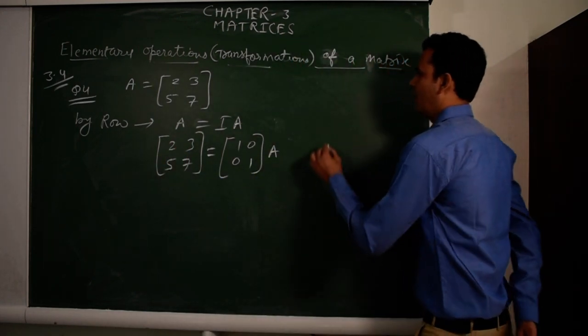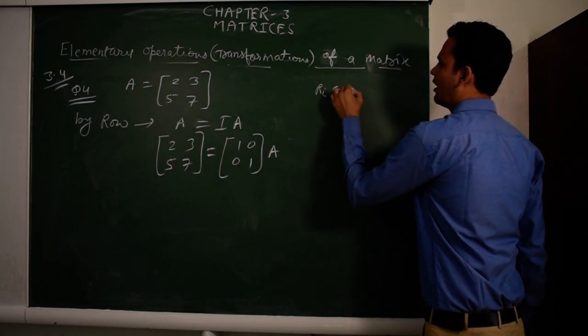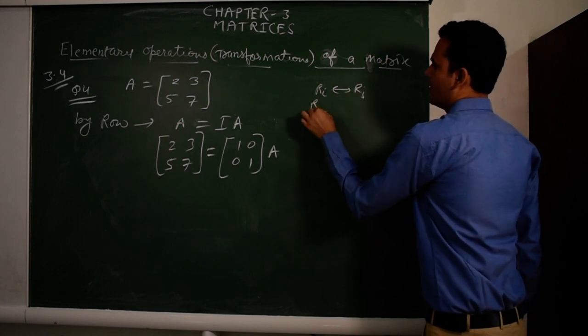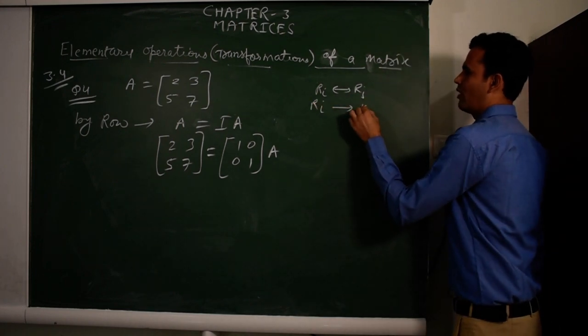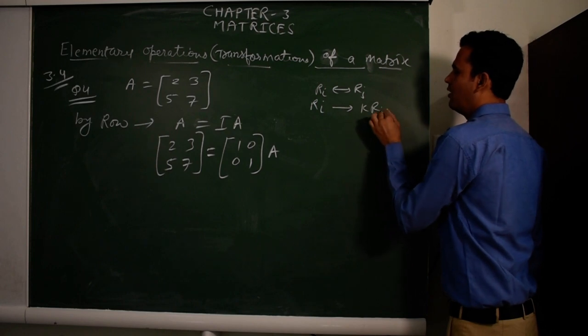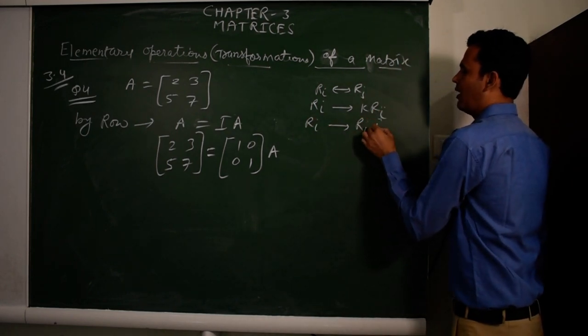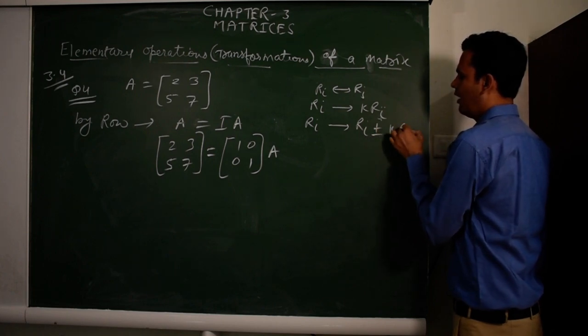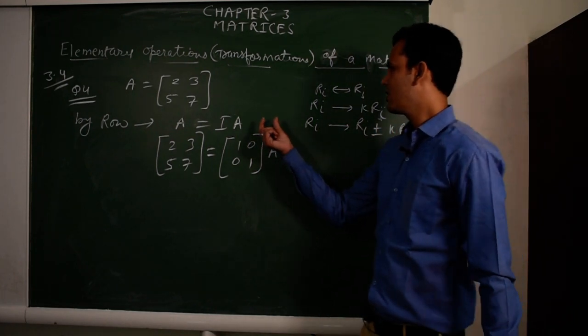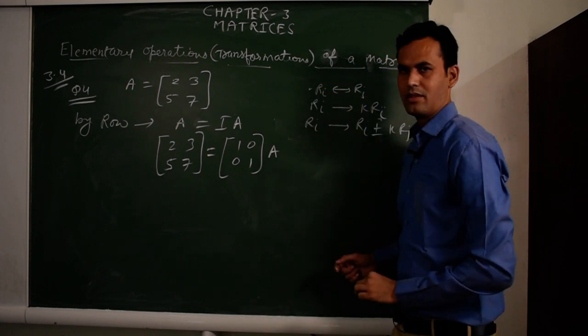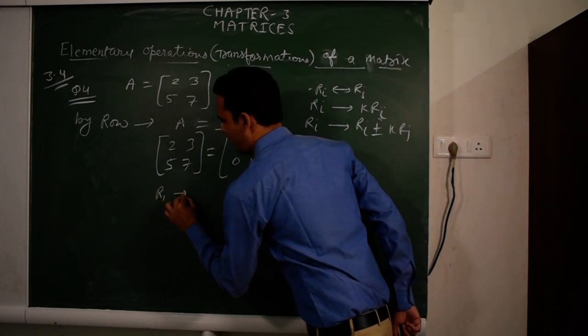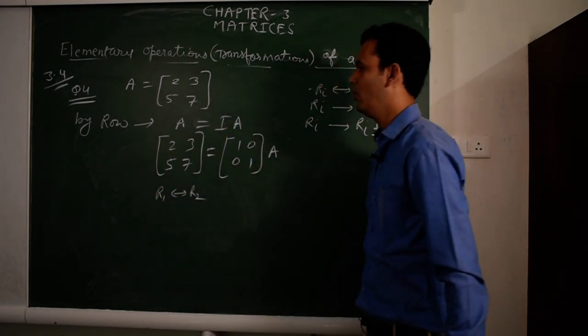Now there are three changes: Ri interchange to Rj, second Ri changes to k Rj, and third is Ri changes to Ri plus minus k Rj. So the first change will be R1 interchange to R2.